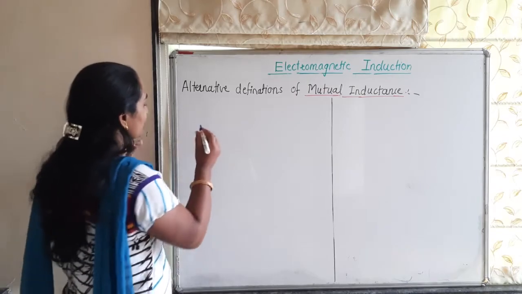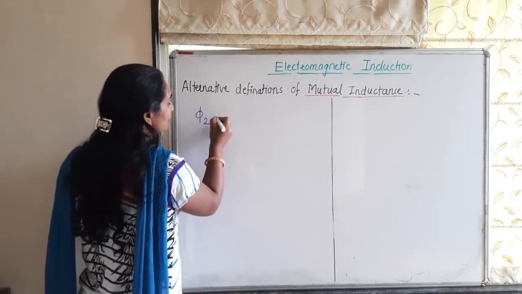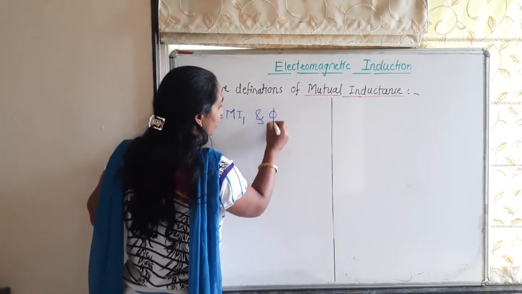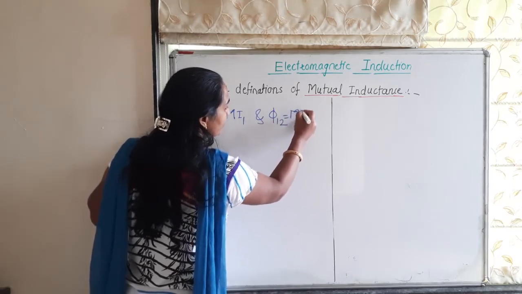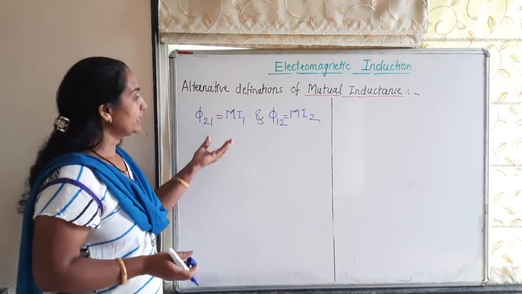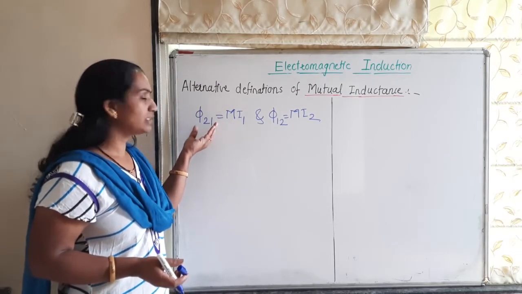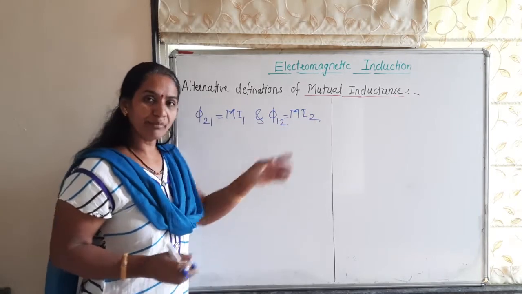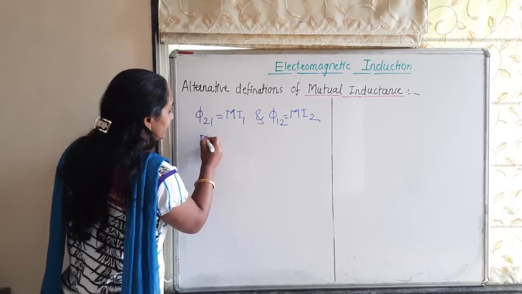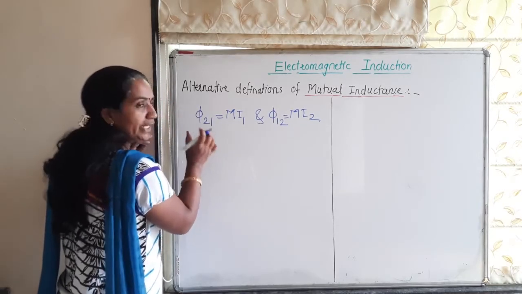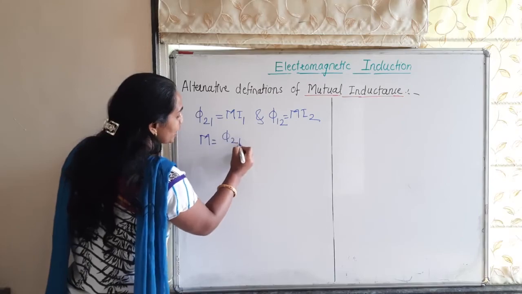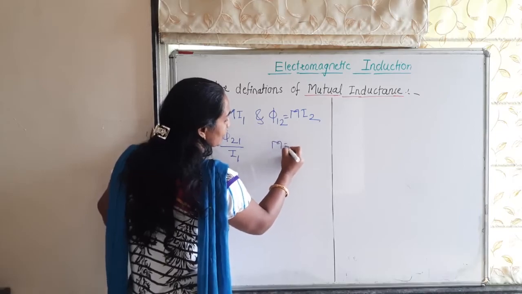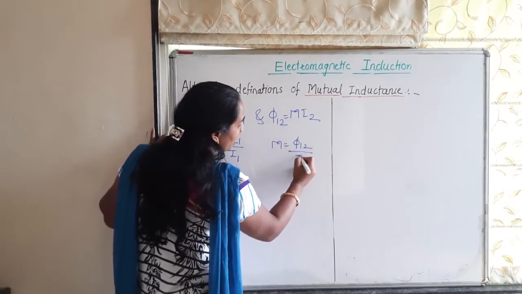We already derived the formulas phi 1 is equal to M I1, and phi 2 is equal to M I2. This can be written as M, the mutual inductance, equal to phi 1 upon I1, and also M is equal to phi 2 upon I2.